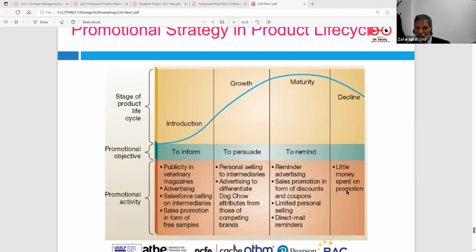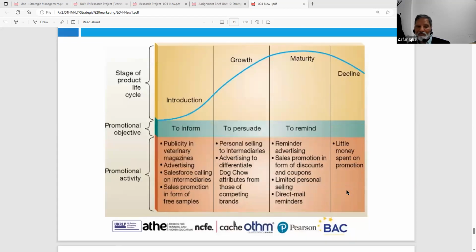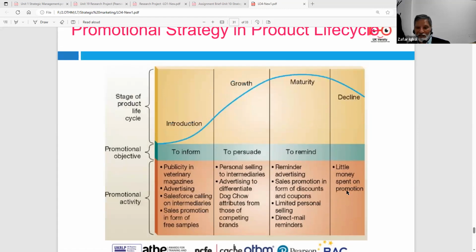So we have a different promotional activity at that time, because you have matured your product and it's in the declining stage now. At different stages of the product life cycle, we use different promotional activities.